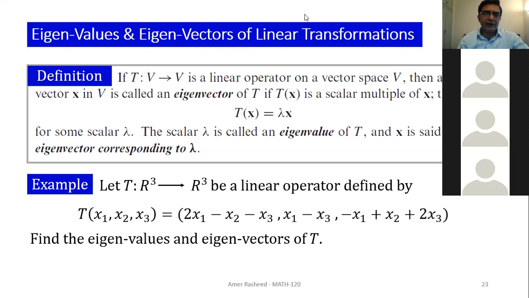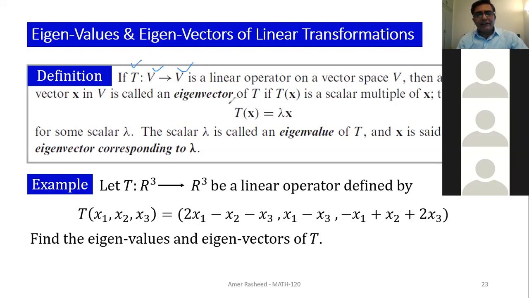Why should it be an operator? What is the definition of operator? A linear transformation from a space to itself, meaning these two spaces should be the same. If in a linear transformation these two spaces are identical, then we call that linear transformation a linear operator.